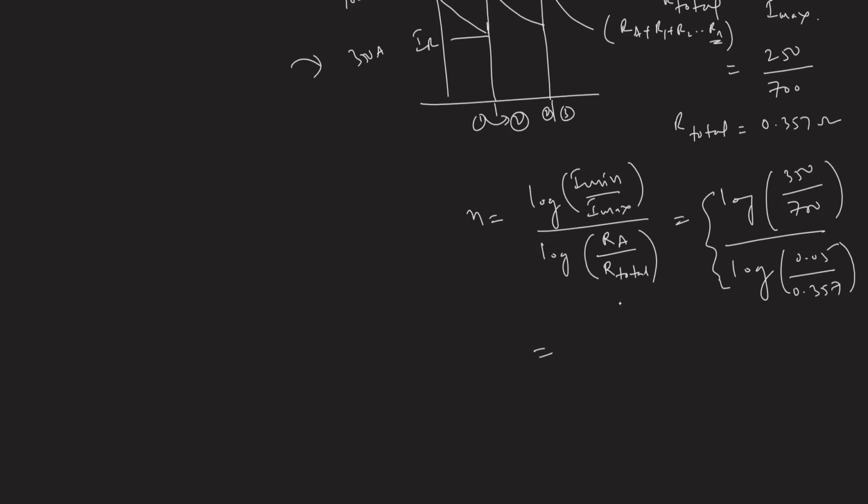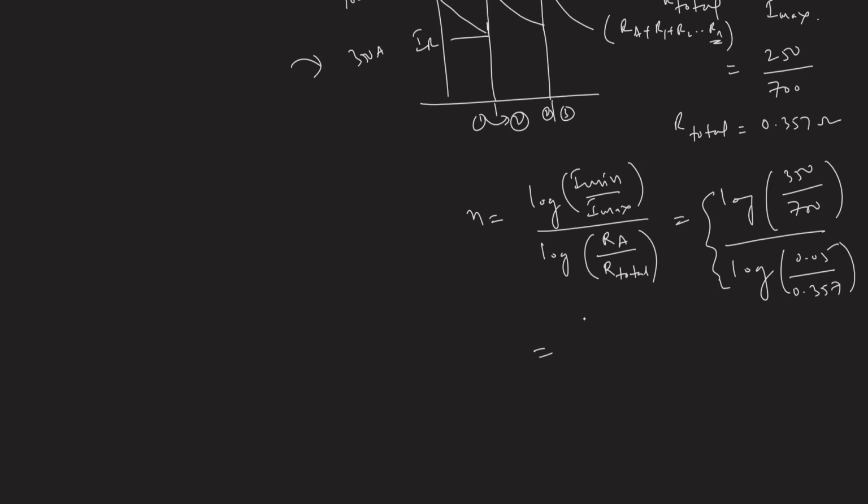Because it is a ratio, you can take natural logarithm or base-10 logarithm, whatever it may be. Sir, the N value becomes log RA by R total whole divided by log I minimum by I maximum. Let me check.